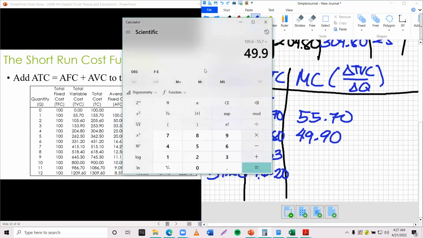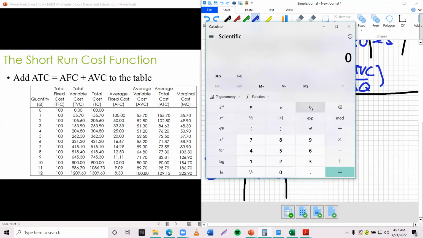Number 3 would be 153.90 less 105.60, divided by 3 minus 2, which is 1.